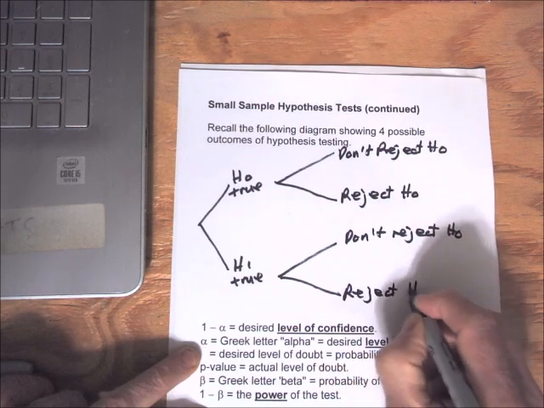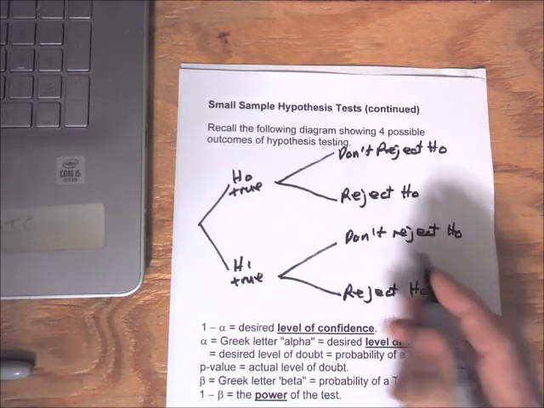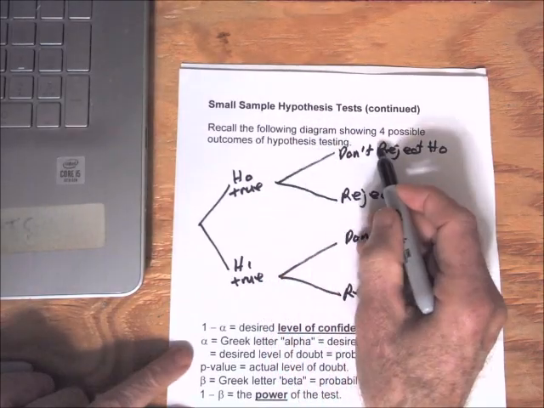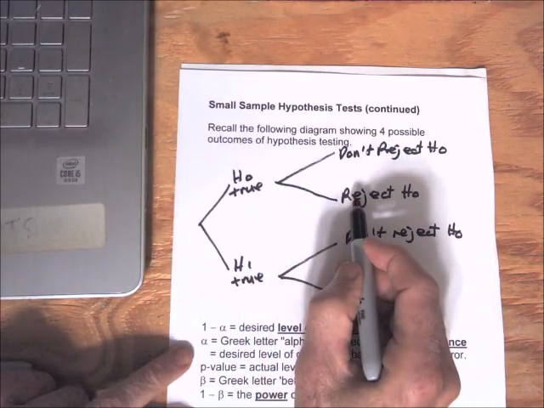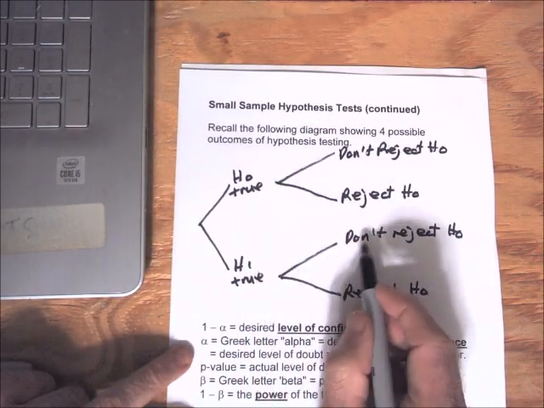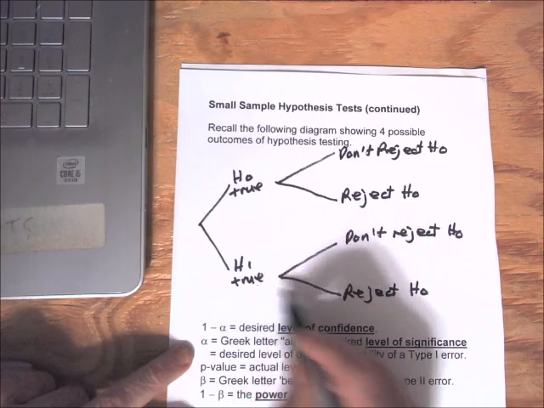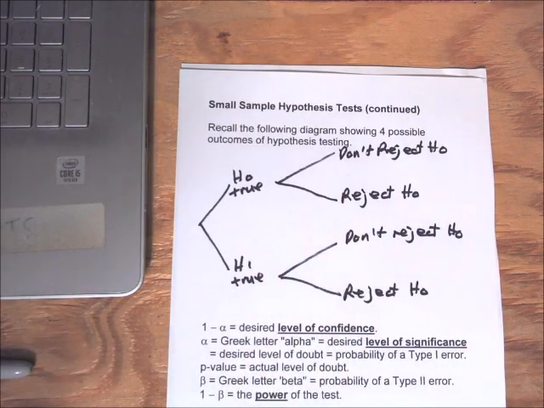So there's 4 possible outcomes here. h0 could be true and we don't reject h0. h0 could be true and we reject h0. h1 could be true and we don't reject h0. h1 could be true and we reject h0.